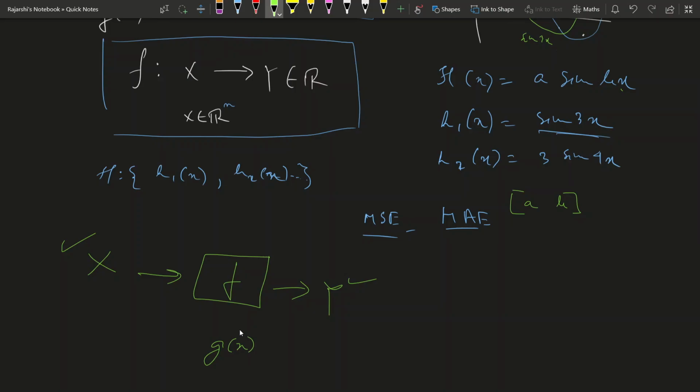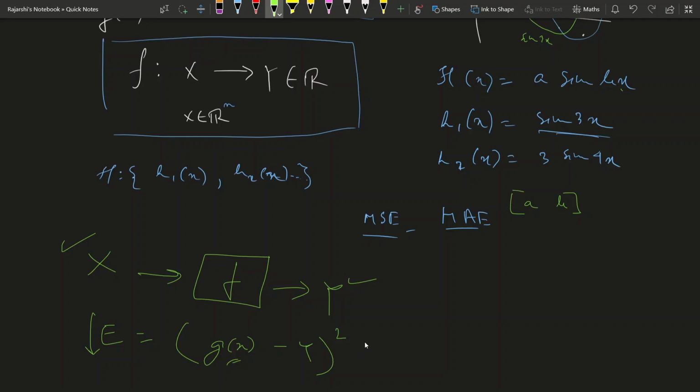Let's say g of x is our guess, and then we take the difference between the actual response and the predicted value, and try to minimize this equation. If this L or error, let's say this E, is lower, the better is the hypothesis, the approximation. So our goal is to minimize this E.